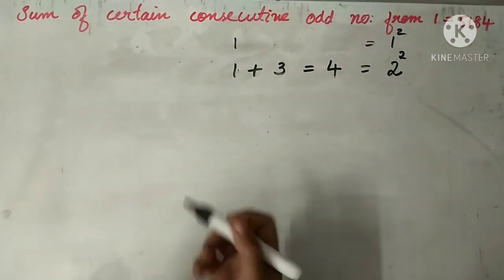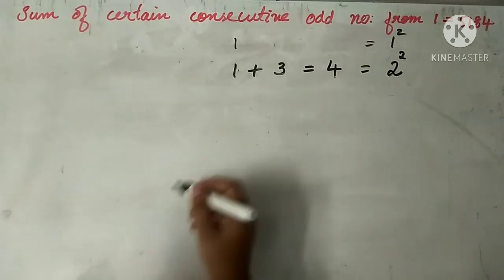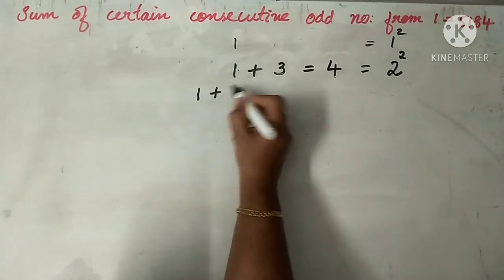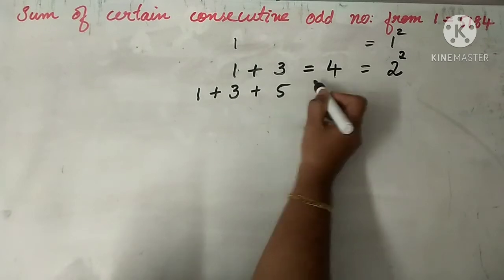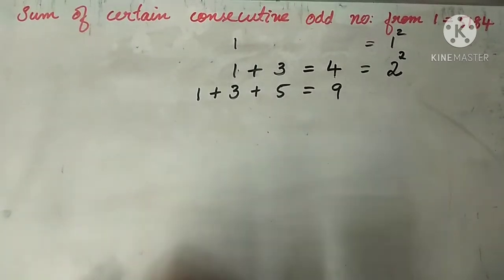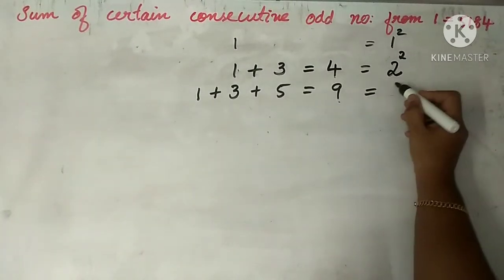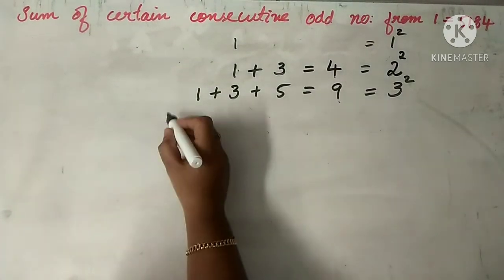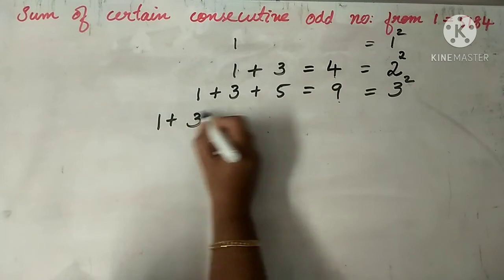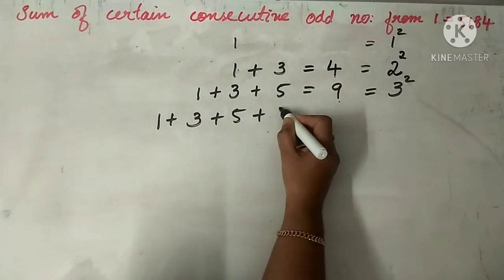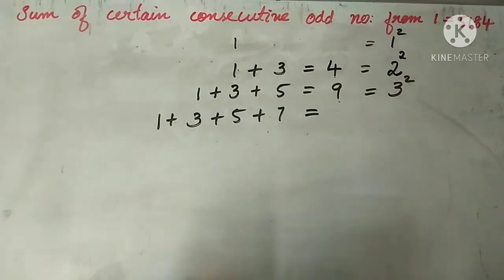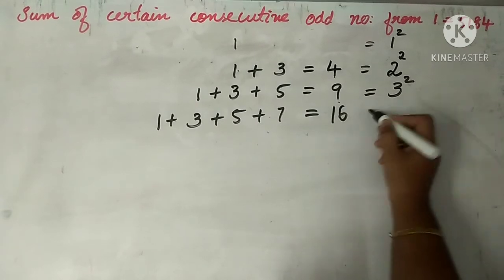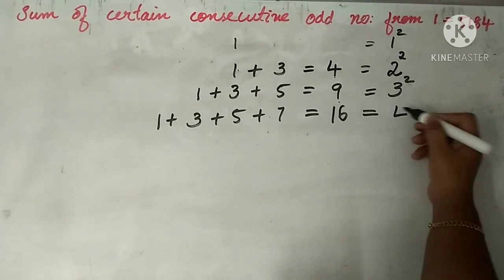When we add 3 consecutive odd numbers, 1 plus 3 plus 5, the answer is 9. That is the perfect square of 3. When we add the first 4 odd numbers, 1 plus 3 plus 5 plus 7 is equal to 16. That is the perfect square of 4.